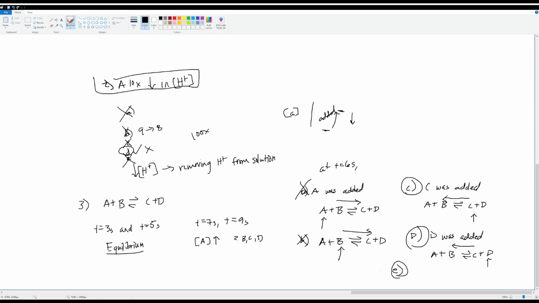That's why I chose to do A plus B goes to C plus D instead of doing a carboxylic acid and water being the two reactants for the forward reaction. Okay. But this just goes back to Le Chatelier's principle and equilibrium.